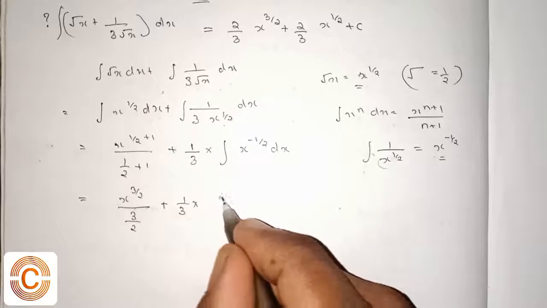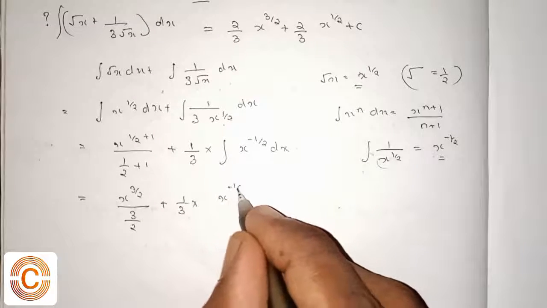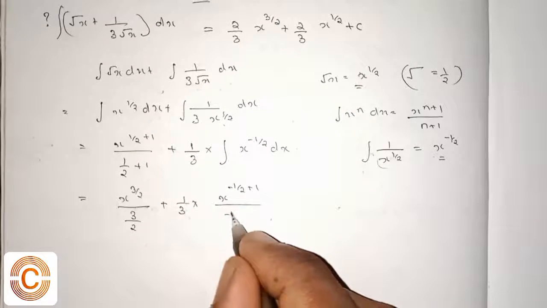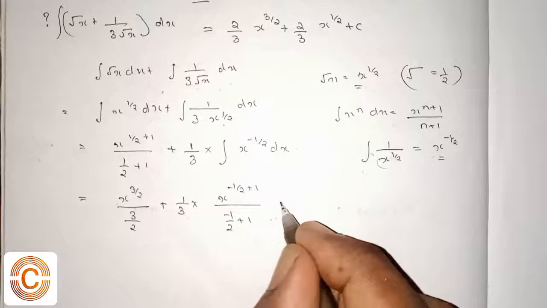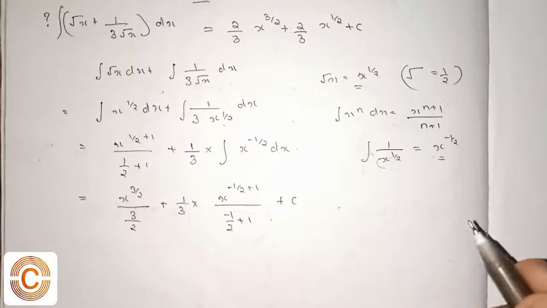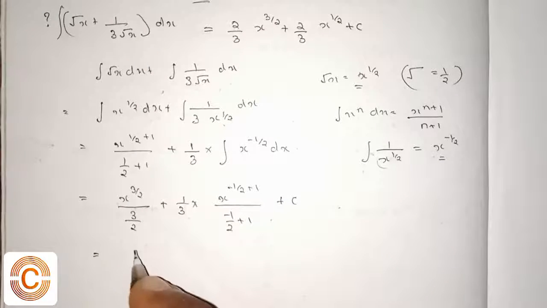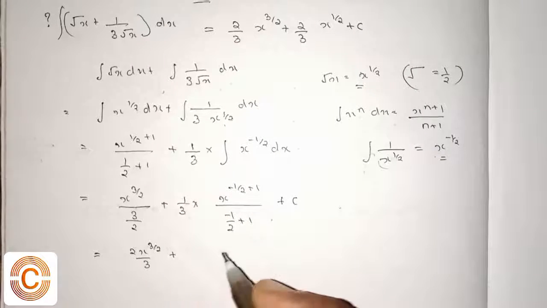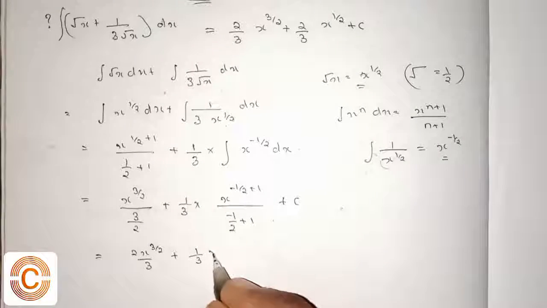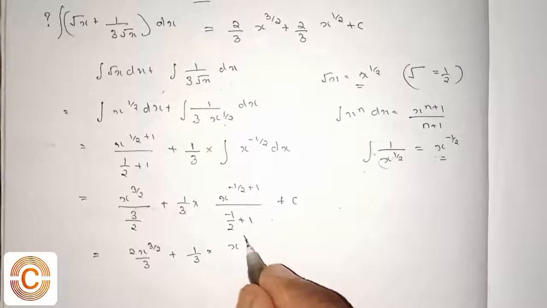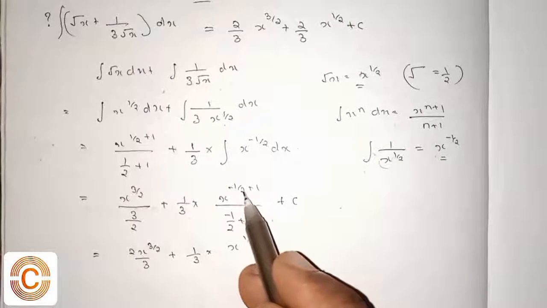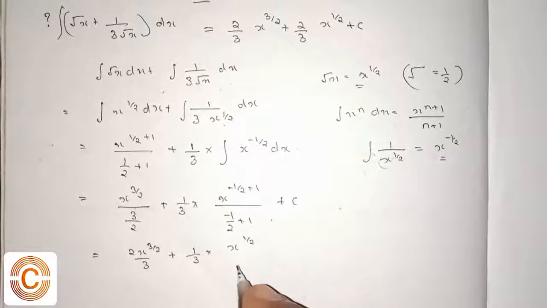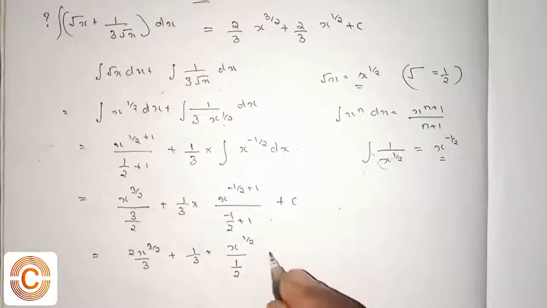So it becomes x raised to minus 1 by 2 plus 1 divided by minus 1 by 2 plus 1. Then put the integration constant c here. Then it becomes 2 into x raised to 3 by 2 divided by 3 plus 1 by 3 into x raised to 1 by 2, that is the value for minus 1 by 2 plus 1, which is equal to 1 by 2, divided by 1 by 2 plus c.